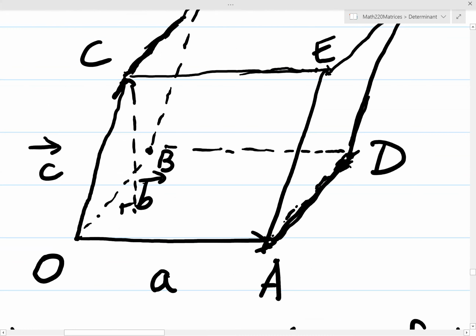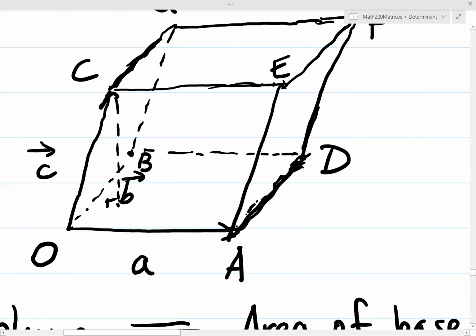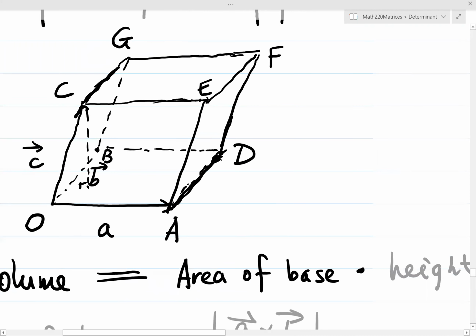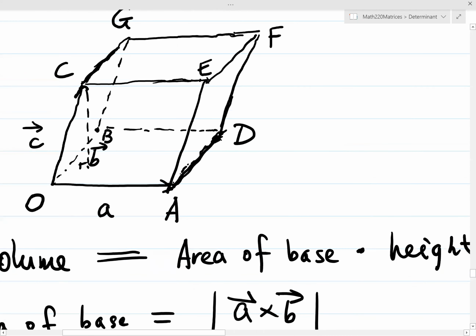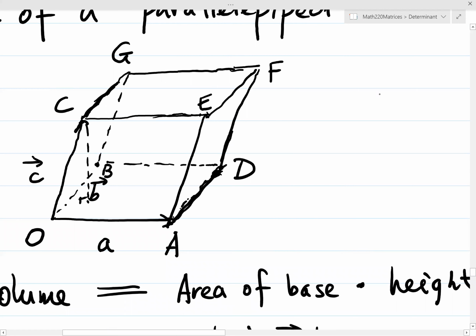Of course, we can also use B and C. We can put the plane determined by vector B and vector C on the horizontal ground. And then the volume will be B cross C, dot product with A.